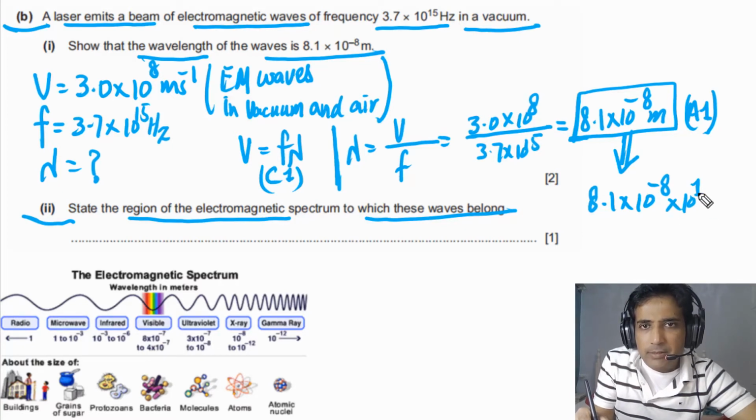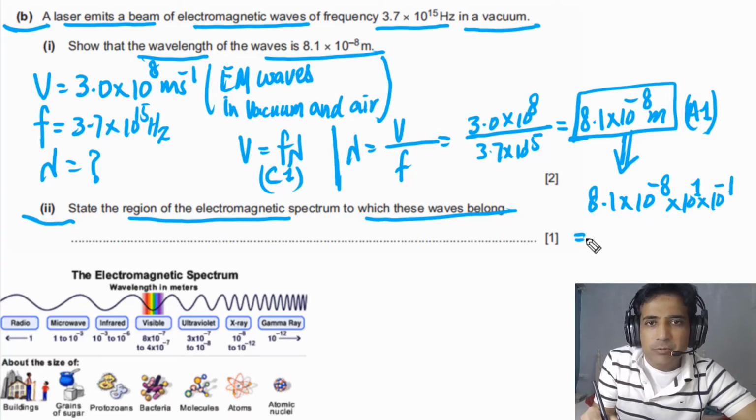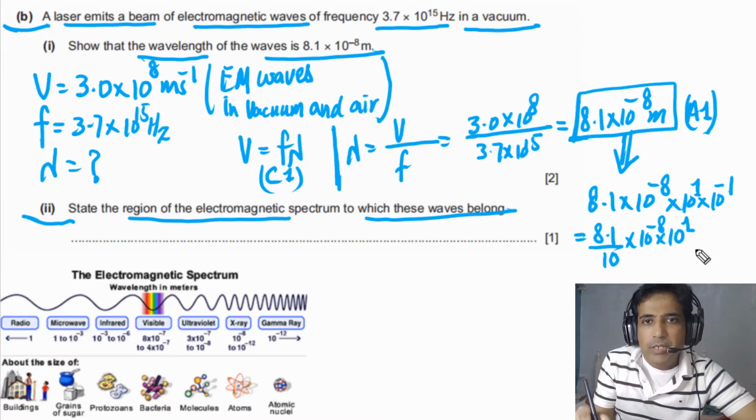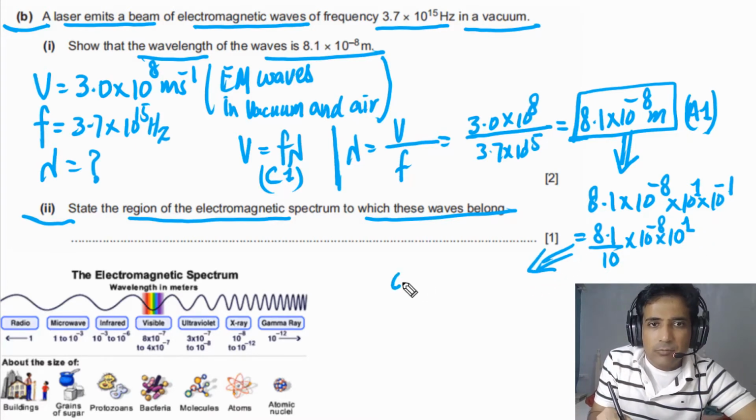So here we have 8.1, divided by 10, and here we multiply with 10. So the power of this one is 1. If we simplify this, we can write our answer as 0.81 times 10 to negative 7 meters. So this is the value of lambda.